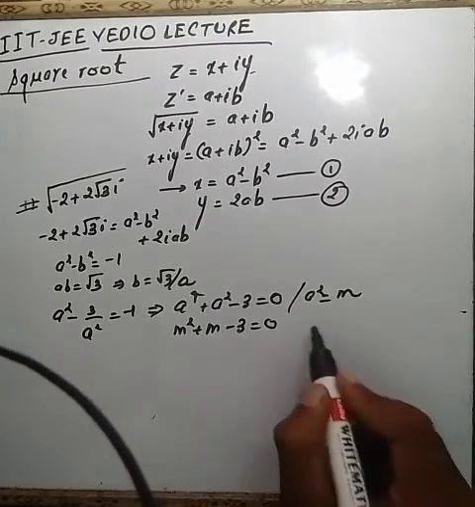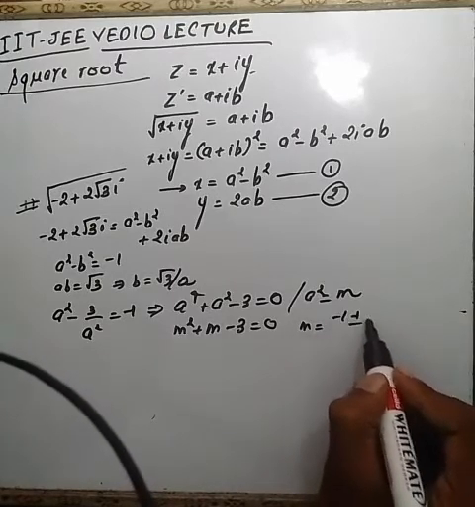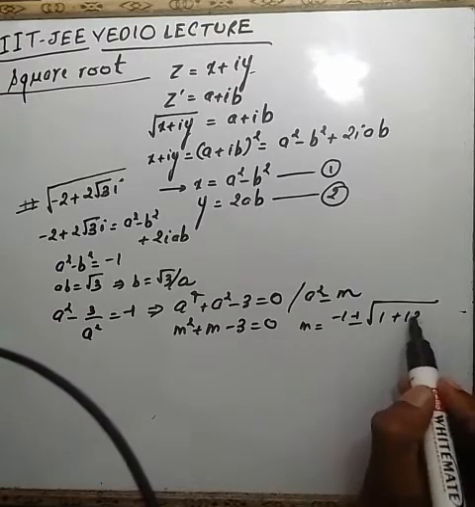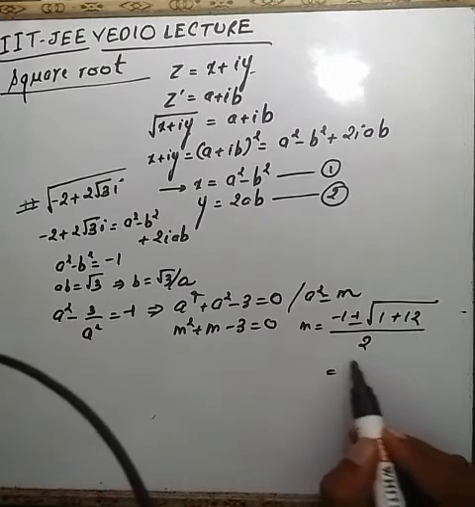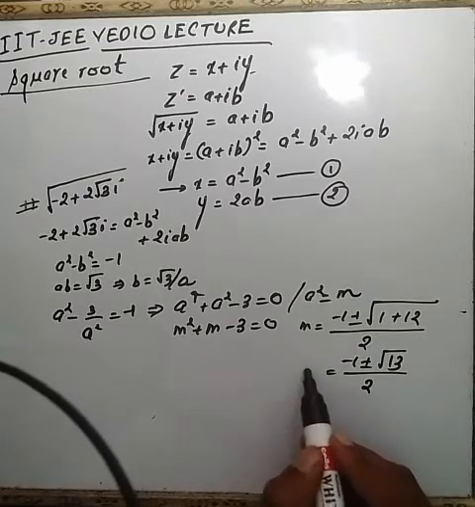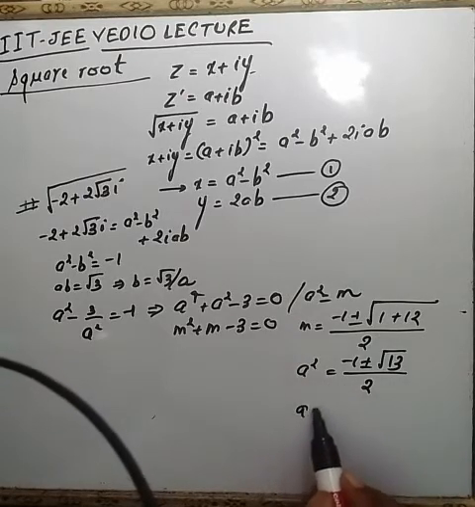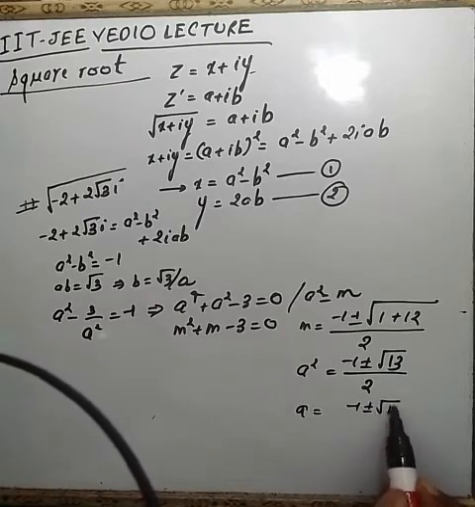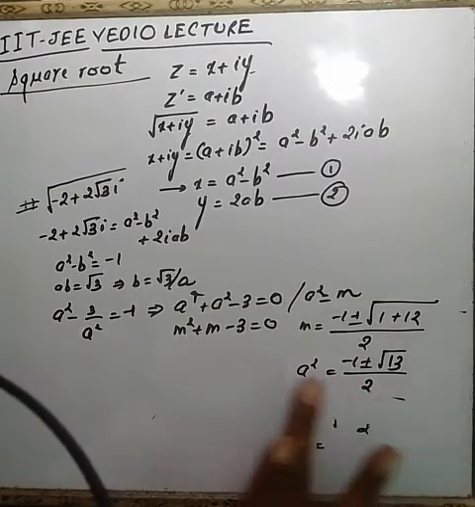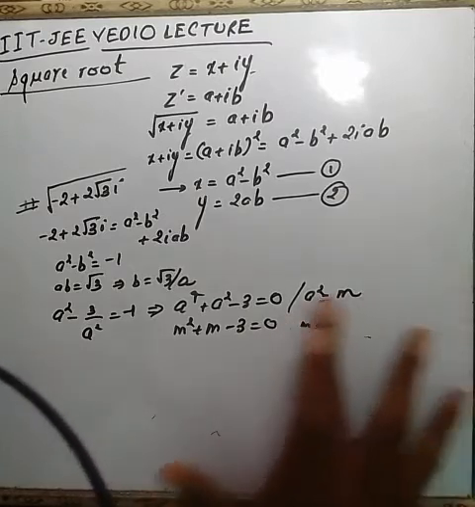Okay, so m will be minus 1 plus minus root of 1 plus 12 upon 2, so minus 1 plus minus root 13 by 2. So this is your a square. So a will be the square root of that, and you can find the value of b also. Understood? So I think it's very easy.